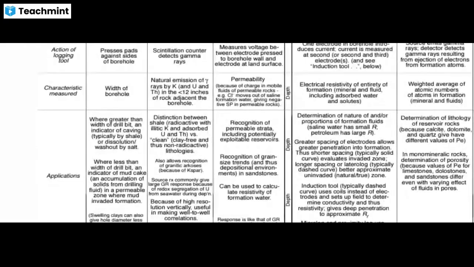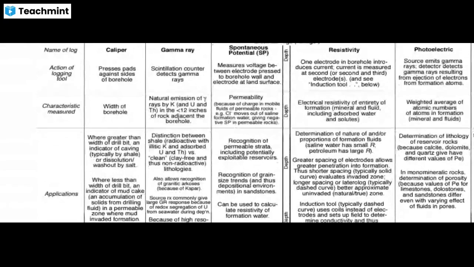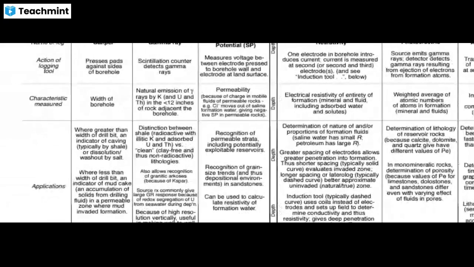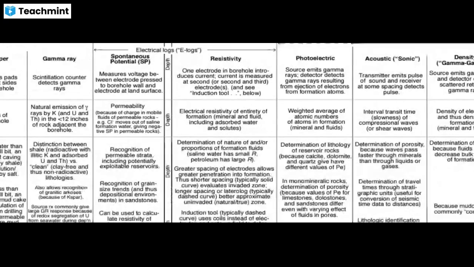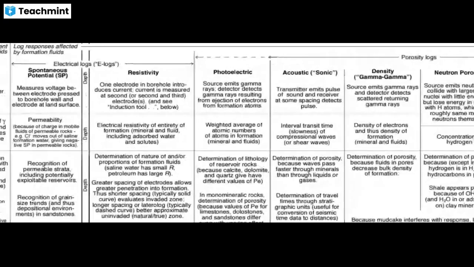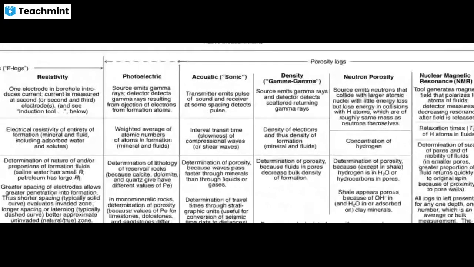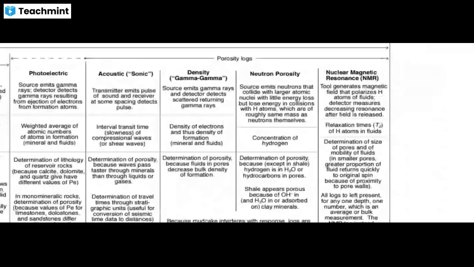In the characteristics measured, it is shown also the width of the borehole, permeability, and electrical resistivity of the formations, that is minerals, fluids, including the absorbed water and solids. Like that, this table explains all the things very clearly.